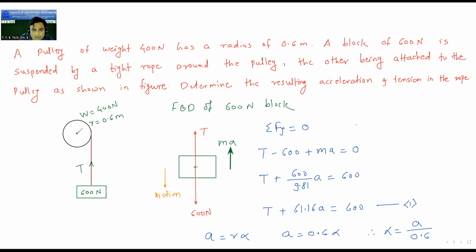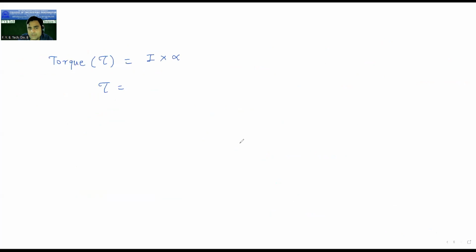This is the radius of the pulley and the tension will be applied from this side. ह्याची जर मोशन डाउनवर्ड झाली तर ह्या स्ट्रिंग मुळे पुली रोटेट होणार आहे. आणि मग टॉर्क जनरेट होणार, स्ट्रिंग मधलं टेन्शन इनटू रेडियस. So it is T into R, but R is 0.6. So torque is equal to 0.6 into T.